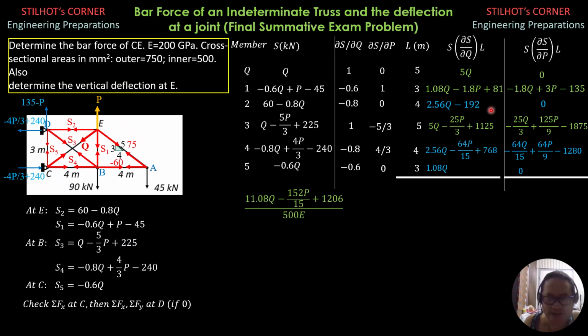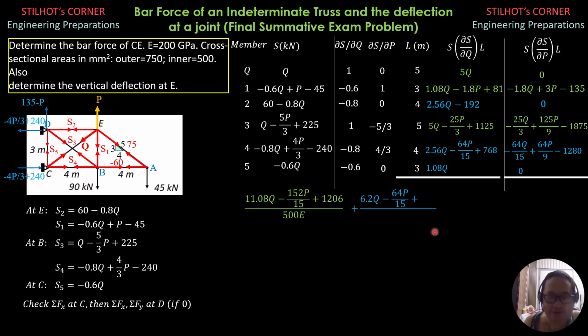Then the constant 81 plus 1125, 1206, area is 500, E. The common factor 1000 squared in the numerator, we just do not include, because the blue ones will be multiplied by the same value and divided by the same E, except for the area.